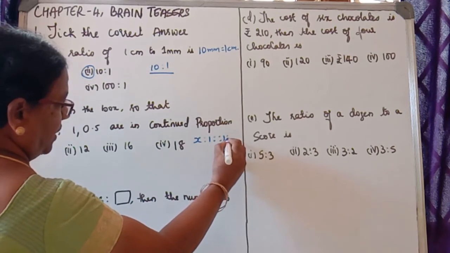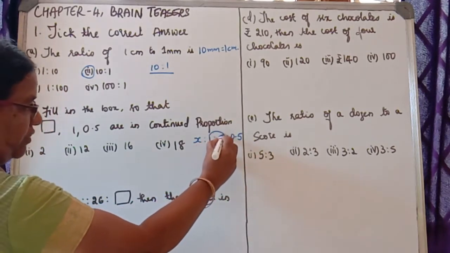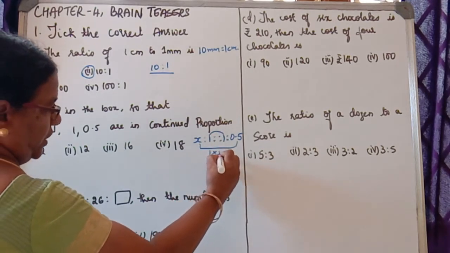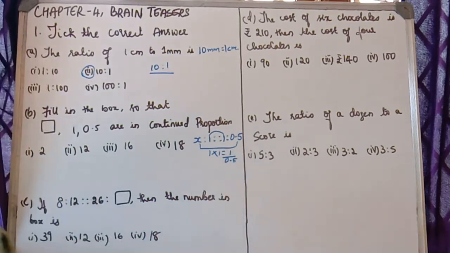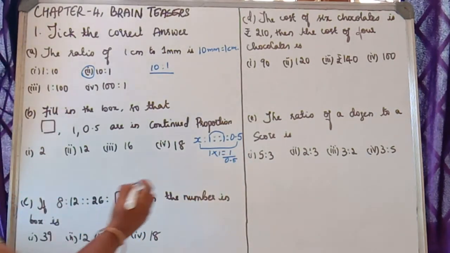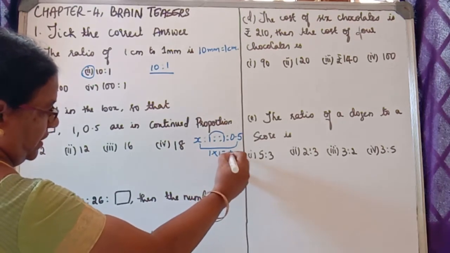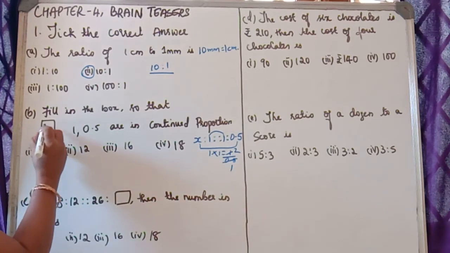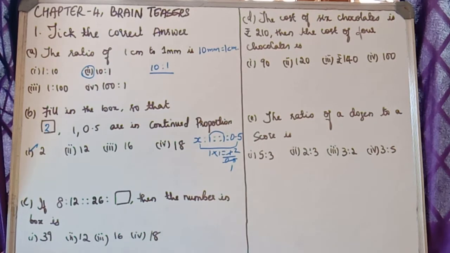So, 1 is to 0.5. Now, product of means should be equal to product of extremes. 1 into 1, 1 divided by 0.5. In 1, how many 0.5s are there? It will be 2. So, what will come in the box? 2. So, your first option is the correct answer.